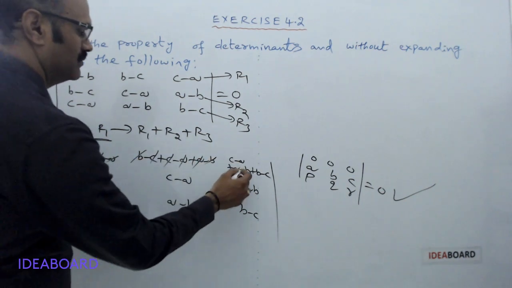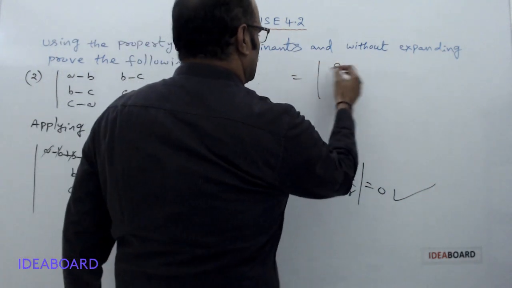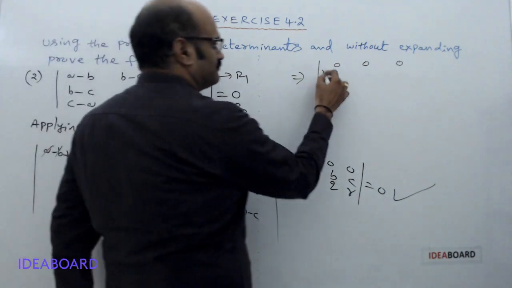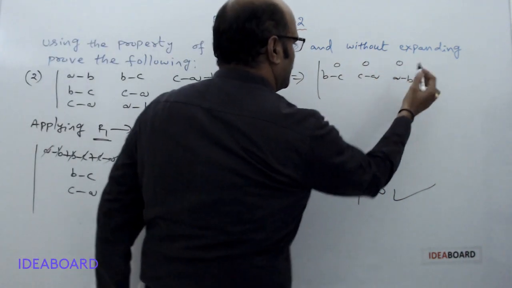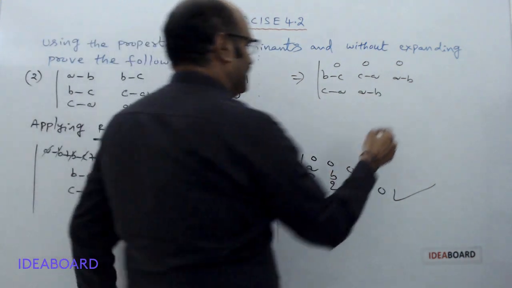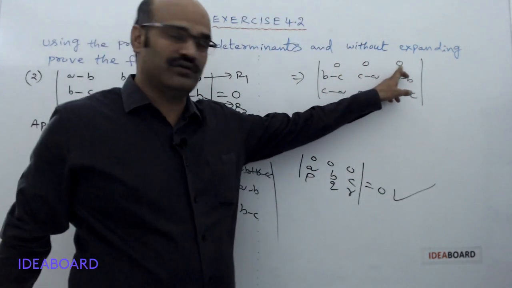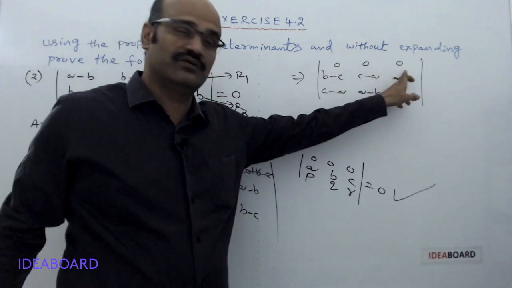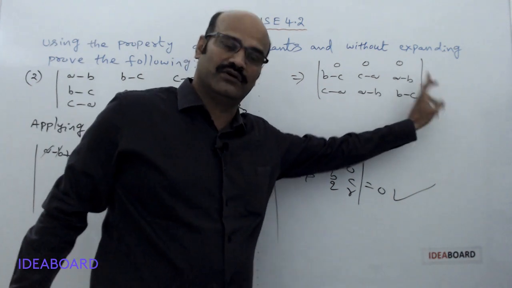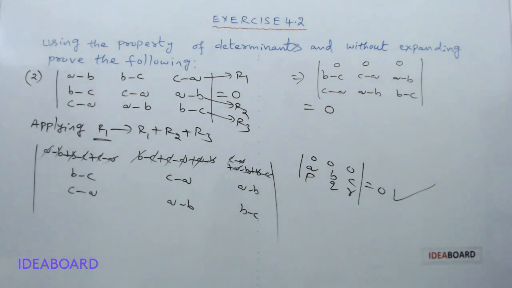Then we have the determinant of 0, 0, 0; b minus c, c minus a, a minus b; c minus a, a minus b, b minus c. We know that if each and every element of any row or any column is equal to 0, then the value of the determinant is always equal to 0 according to the property. So it equals 0. Hence proved.